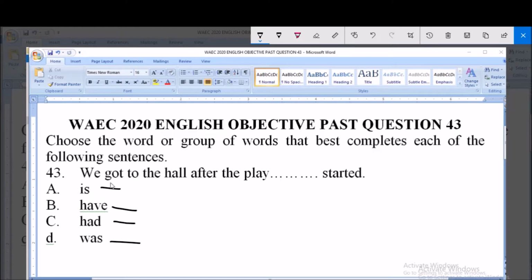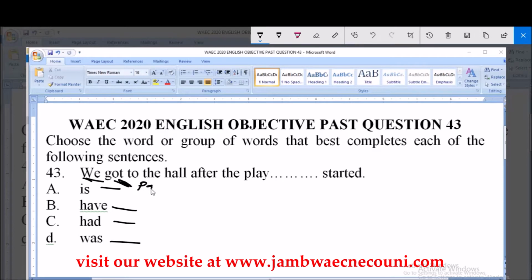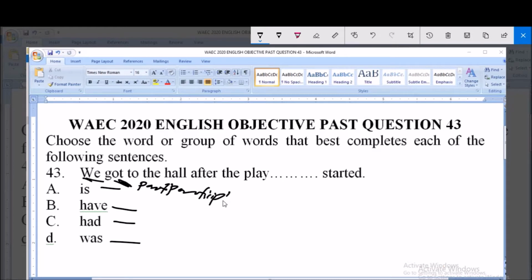Now, our subject here is the pronoun we. Then the verb got here is in past participle, which means that the action has started but not yet completed.